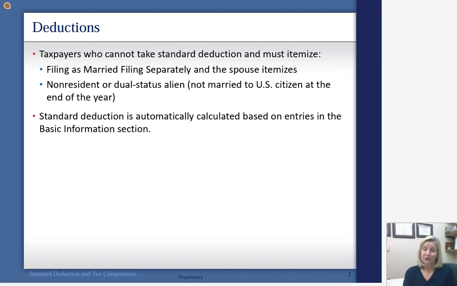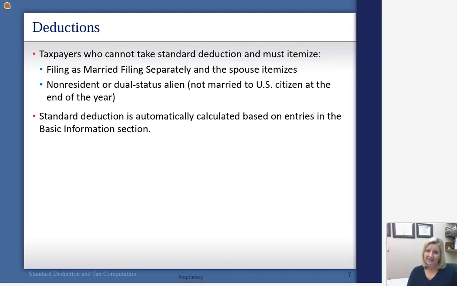So if one spouse could itemize and take that $17,000 in itemized deduction, and the other spouse takes the standard deduction of $15,000, then you're way ahead, or a little ahead at least, of the standard deduction of $30,000 for married filing jointly. So in order to avoid that happening, they prohibit you from having one spouse itemize and one spouse take standard. So if you do married filing separately, you either both itemize on your separate returns or you both take standard on your separate returns.